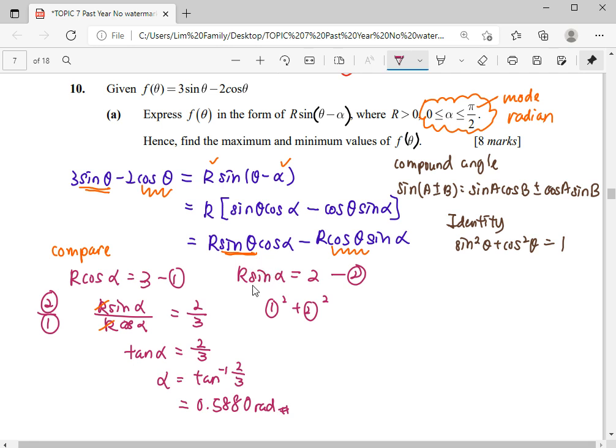When I have equation 1 squared, we get r squared sine squared alpha, plus equation 2 squared, r squared cos squared alpha, equals 2 squared plus 3 squared. This r is what we need to find now, because we have already found alpha. Factorize r squared, and inside is sine squared plus cos squared, which equals 1. The right side will equal 13.